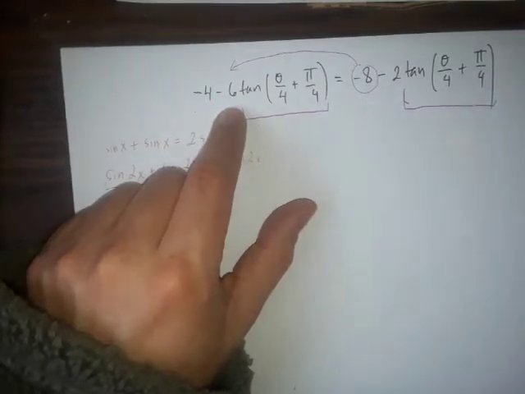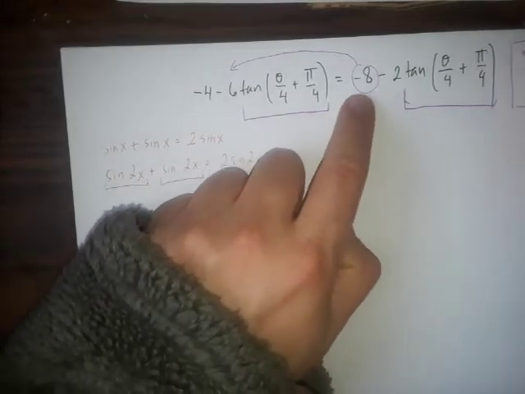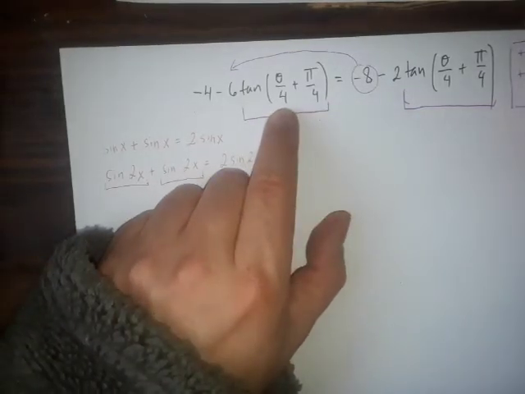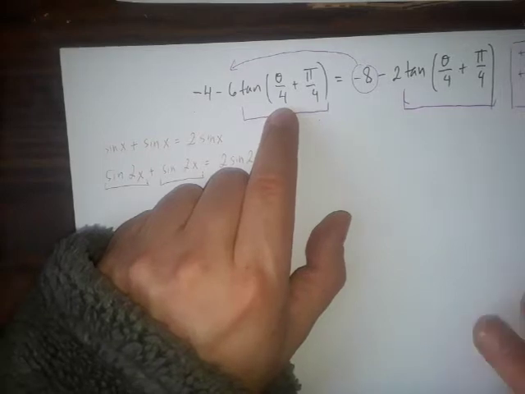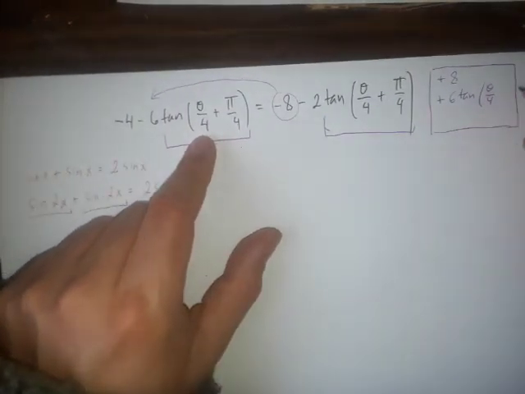I'm going to do that in just one step, so you understand that we can do more than one step at once. I'm going to do +8 on both sides, and +6 tangent of theta over 4 plus pi over 4. Okay? So that's what I'm going to do.